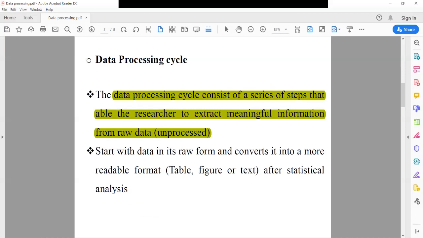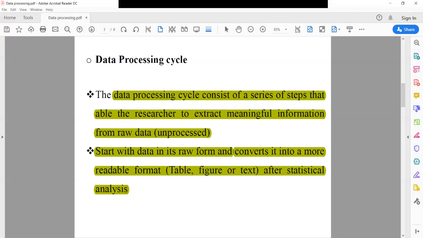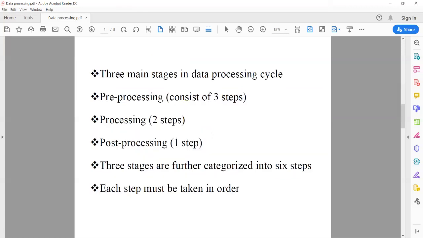We always start with data in its raw form, and then it is converted into a more readable format in the form of a table, figure, or text after statistical analysis. So the data processing cycle consists of various steps in which raw data is converted into more meaningful information.